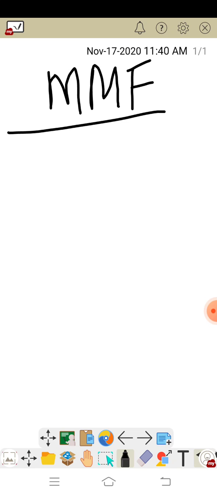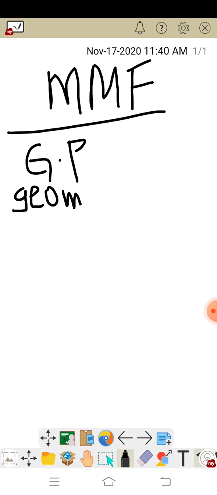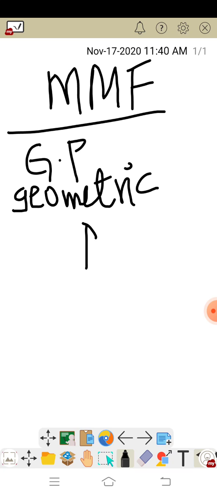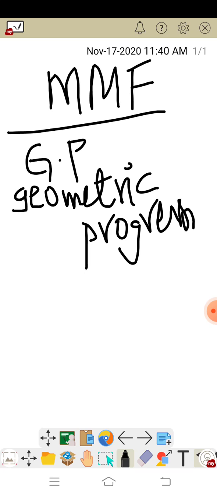Today's topic is geometric progression, GP. In geometric progression we need four terms.